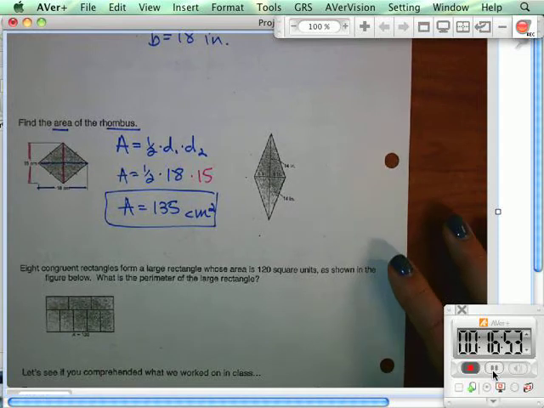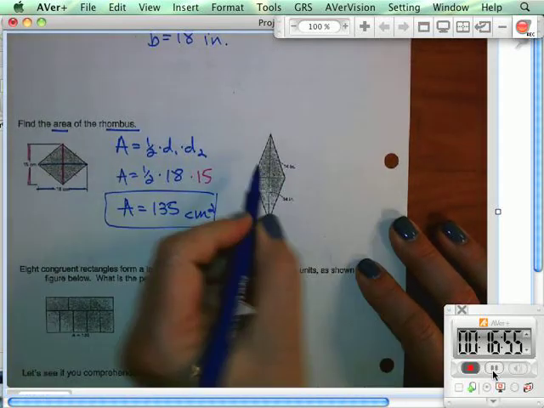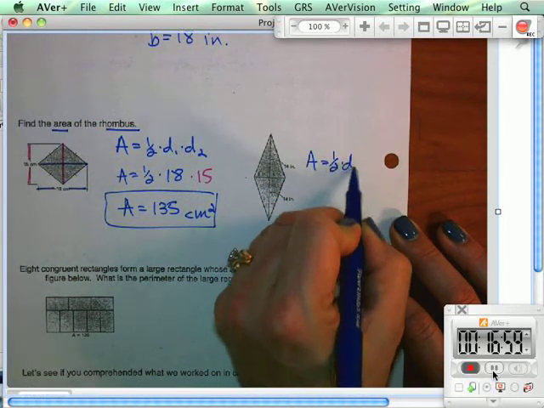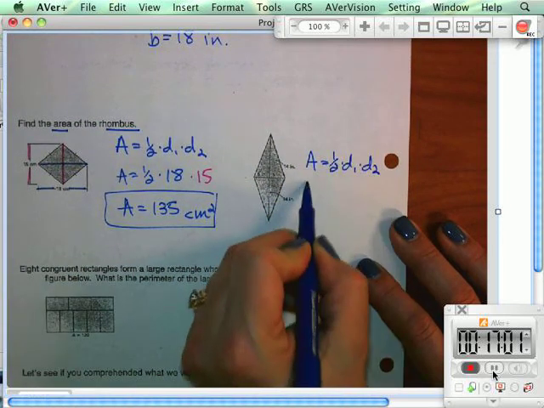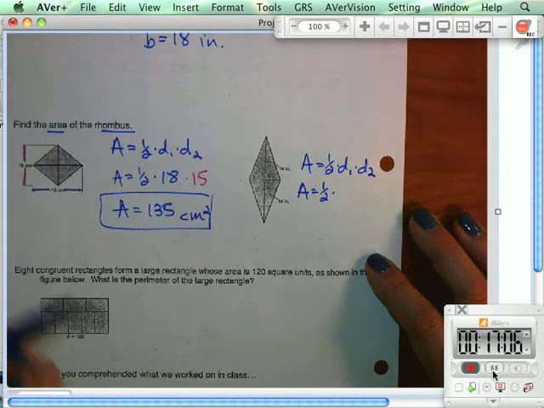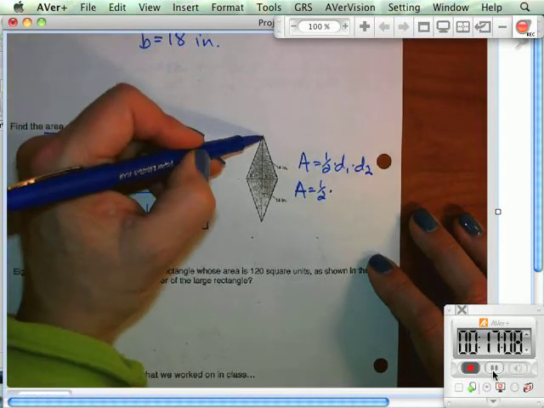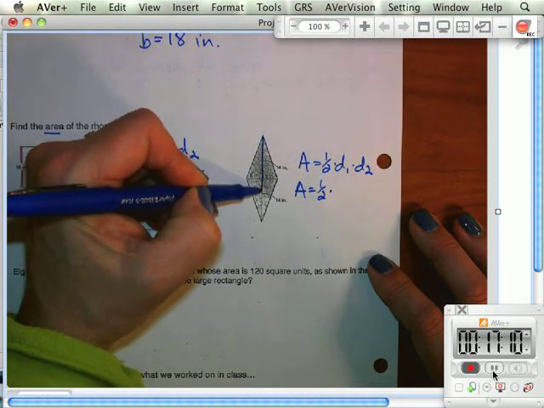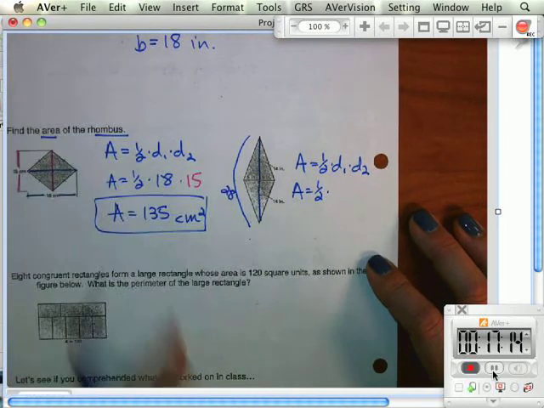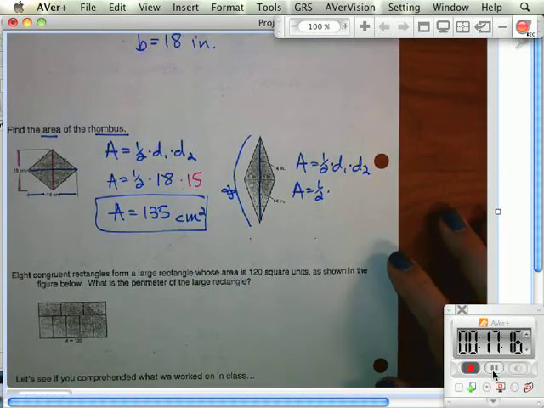Okay, last one here. You got to piece some stuff together. It's a rhombus. So I'm going to write the formula down. Plug in what I know. I don't know the area. I know that's 1/2. Now I got to look at this. They're giving me part of the diagonal here and the other part here for a total of how big? 28. 14 and 14.